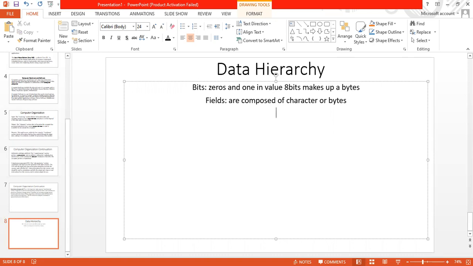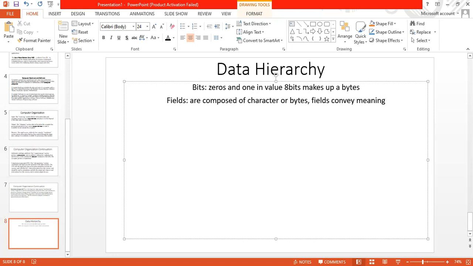And I must say something before I go on about byte and field. A field is a group of characters or bytes that convey meaning. Fields convey meaning.